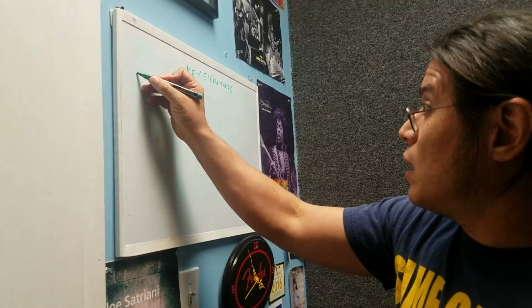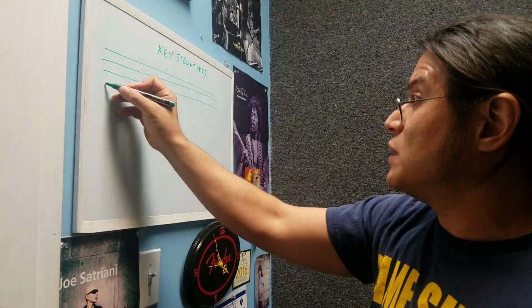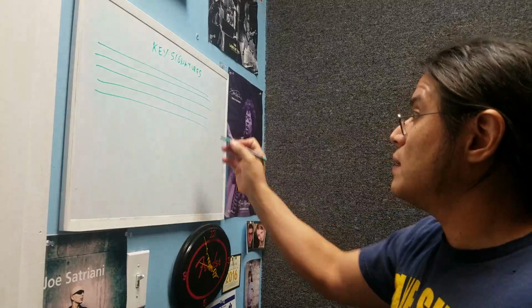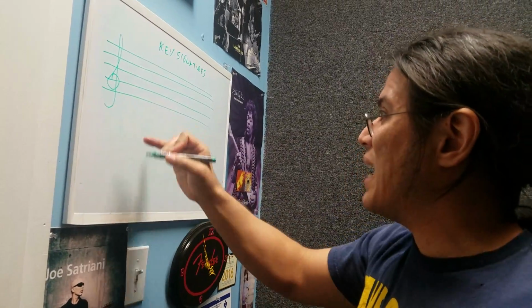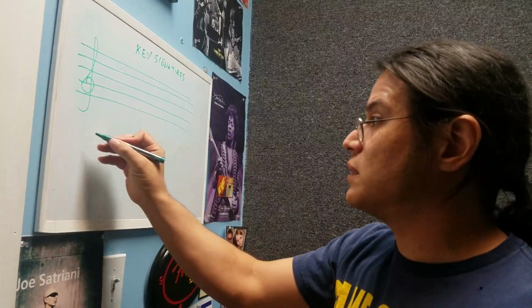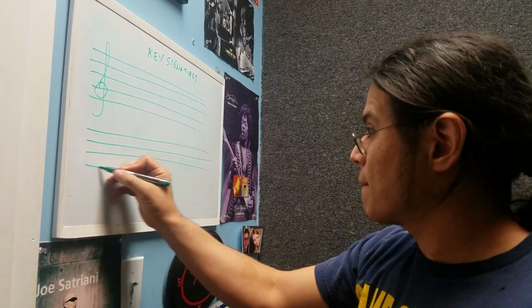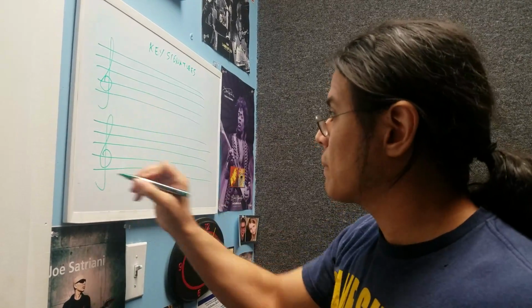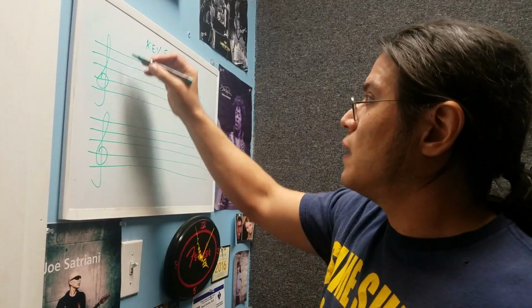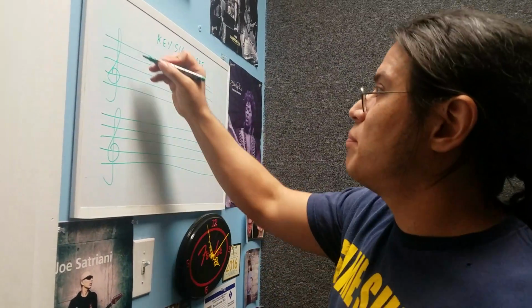So, you're going to have 15 different key signatures. Okay? So there's C, which has nothing. And then you're going to have 7 sharp keys and 7 flat keys. And the sharps are going to appear in a predetermined order.